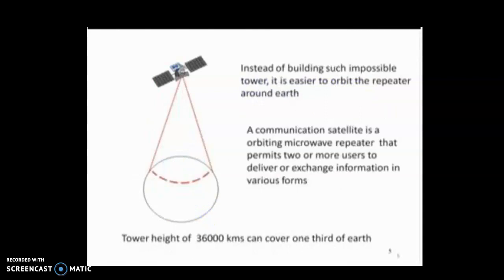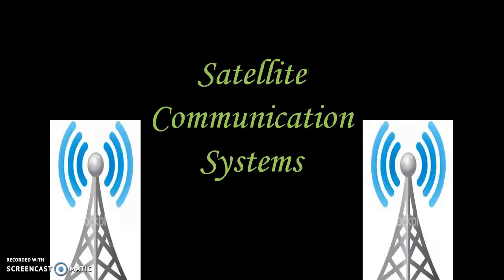Now such an impossible height of a tower cannot be realized with today's technology. So what we do is float the repeater, called a communication satellite, and it will be orbiting around the earth. Now the satellite communication system.